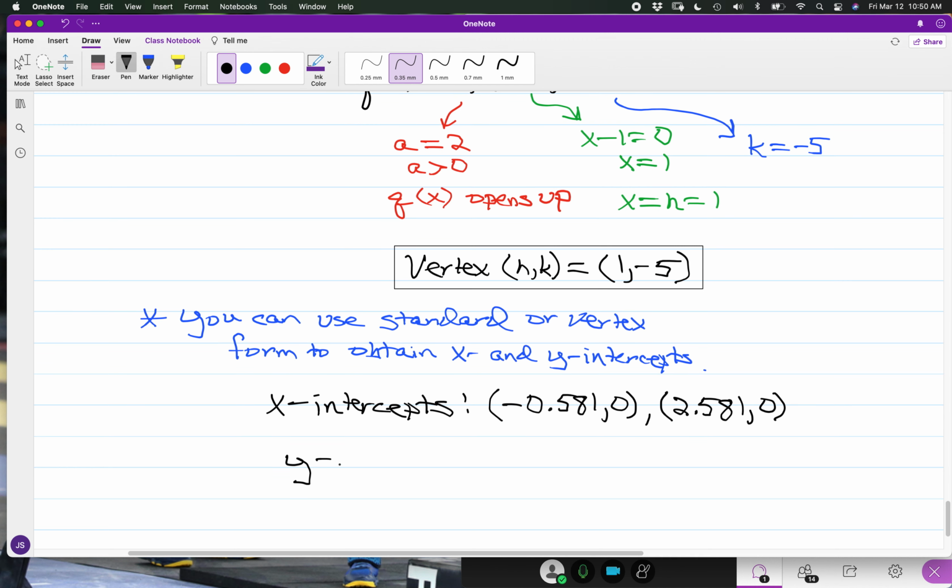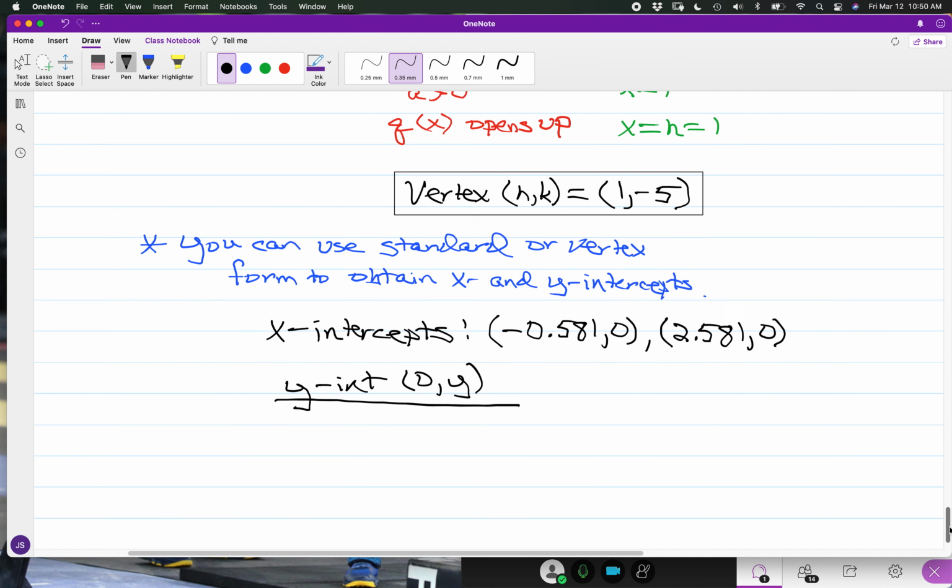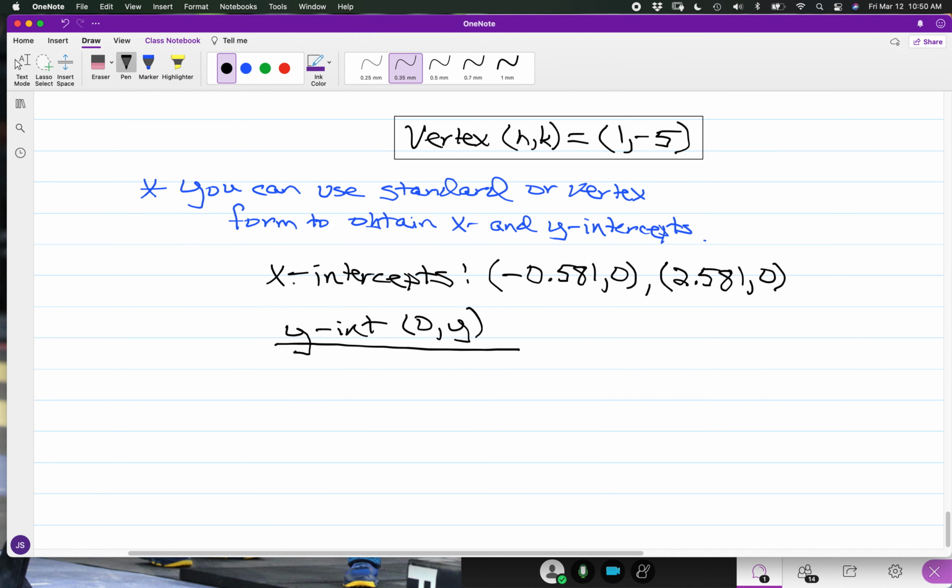I'll just go ahead and mention, for the follow-through in the determination of the y-intercept, this is very much open-ended. You could say that at the one end, if you take the standard form, you have y is equal to q of 0.